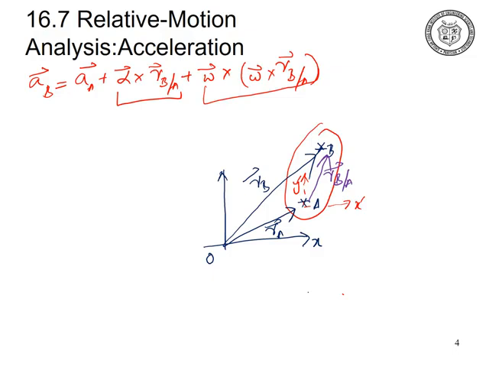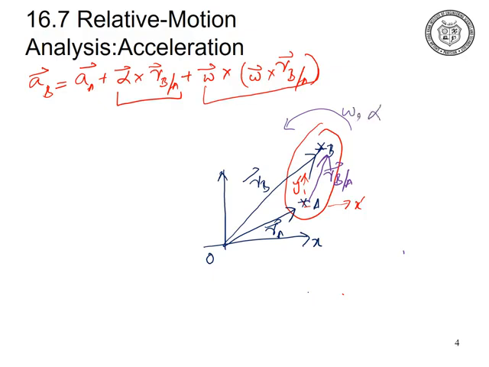This is generally what we discussed from the start of this chapter. Let us say that this alpha cross RB with respect to A is because of the rotational motion. Let us say that this body is rotating about an axis passing through the point A with an angular velocity omega and angular acceleration alpha.